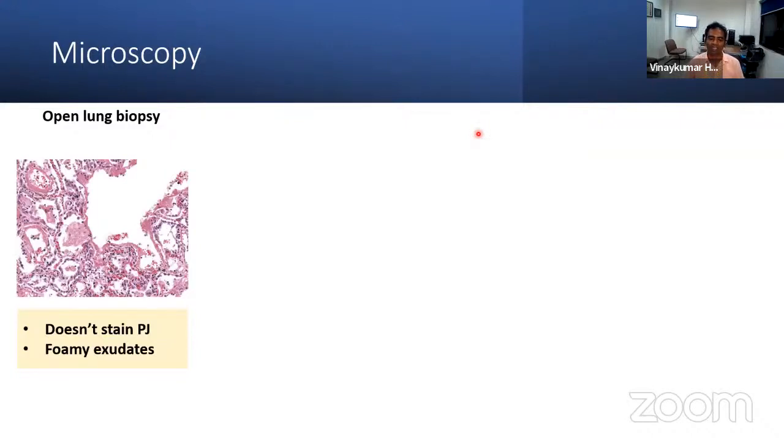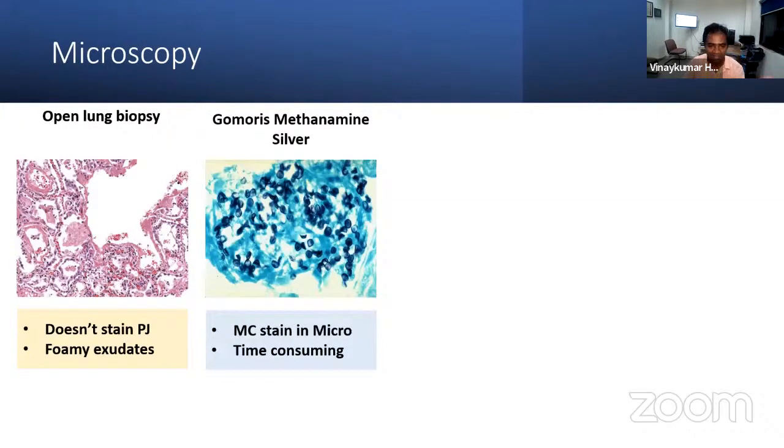So the other stains that are used: you have Gomori methenamine silver, which is the commonest stain in microbiology. The problem with Gomori methenamine silver is that it is time consuming, right?